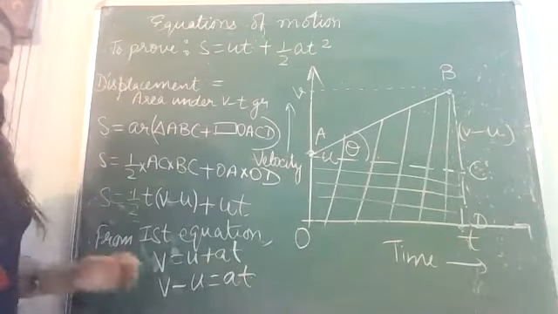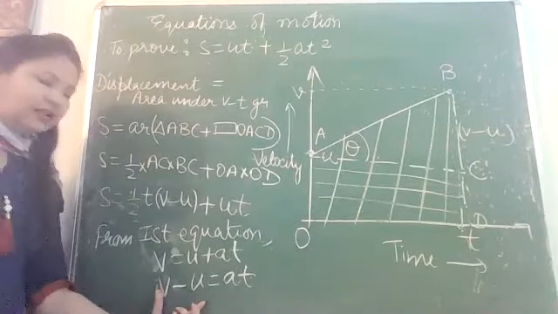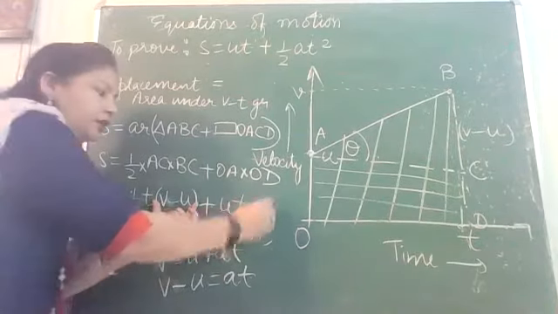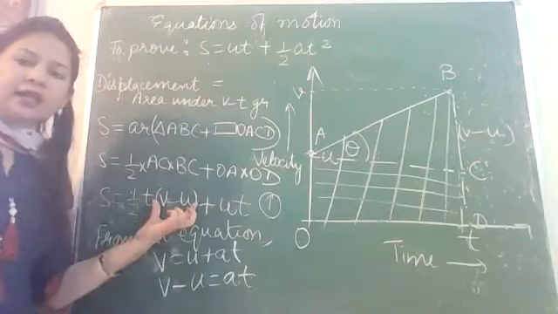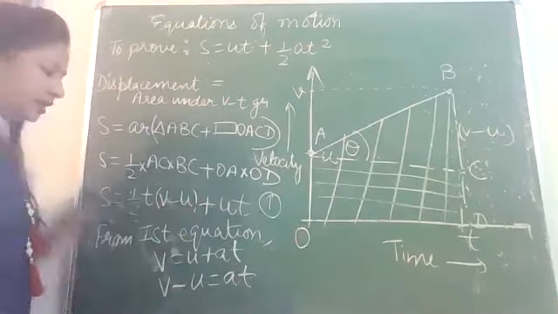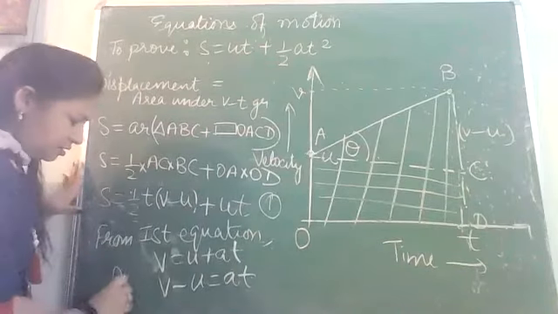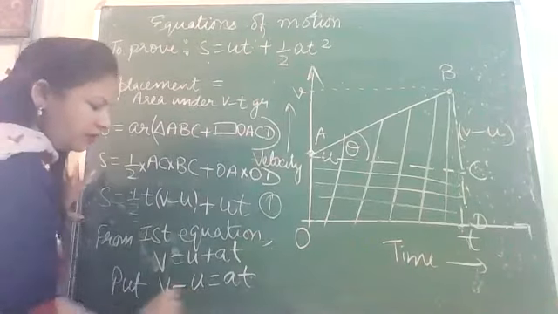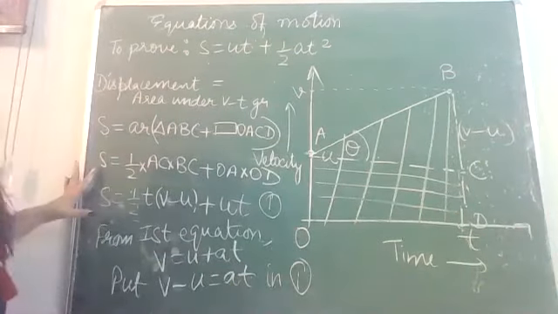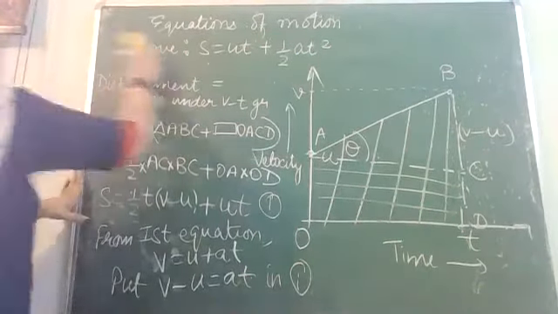So from the first equation of motion, put the value of V minus U equal to AT here, in equation number 1. So in place of V minus U, we put AT. See what do we get?